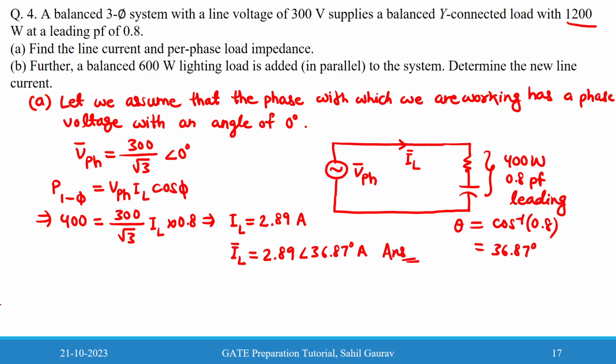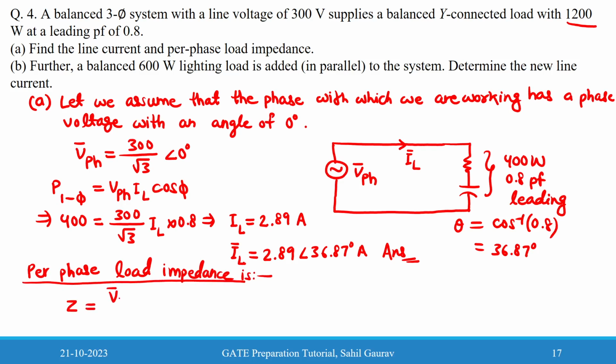And now this per phase load impedance, how will we calculate it? It is simple. You have to divide the voltage by the current. Per phase load impedance Z is equal to V phase divided by IL.